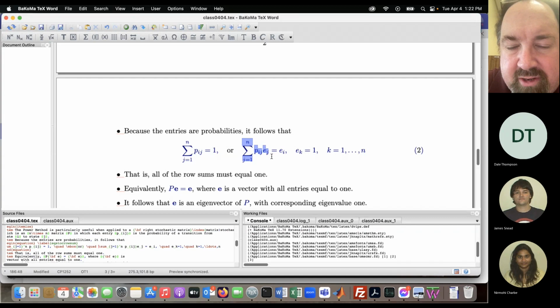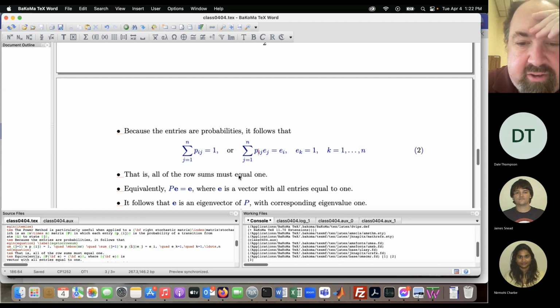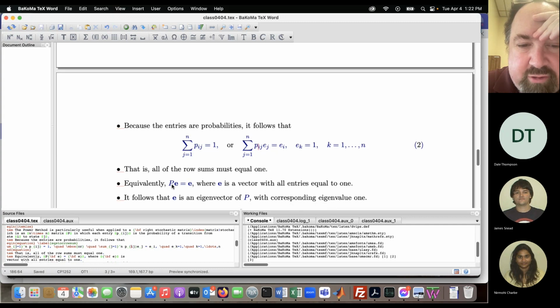What we have here is a matrix vector product, which gives me the ith component of P times e. And we're saying that's equal to the ith component of just e. So we have a relationship like this, a matrix times a vector equals the vector itself. That means that e is an eigenvector of P, and the eigenvalue is 1. So any right stochastic matrix has the property that it has an eigenvalue of 1, and a corresponding eigenvector is the vector of all ones.